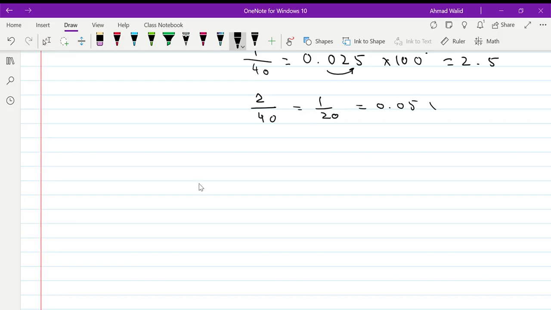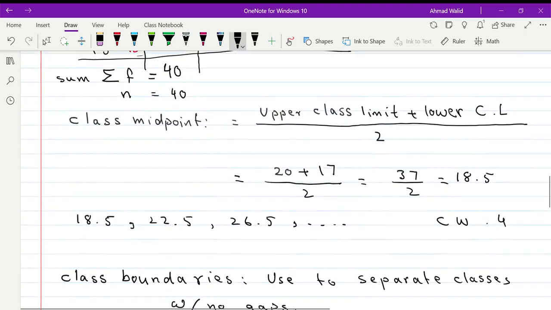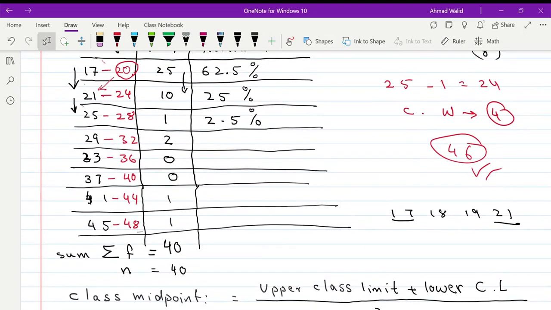And if you multiply it by 100, two decimal places, it gives you 5%. It means 5% of my class is between age 29 to 32. Here, of course, 0% because you have 0. Here, of course, 0%. Again, you have 1, 2.5%.